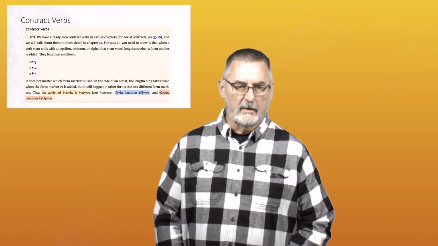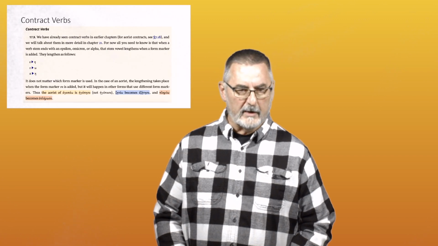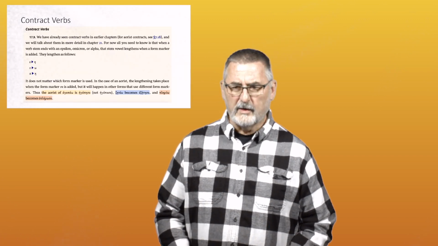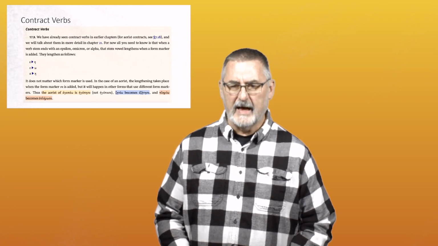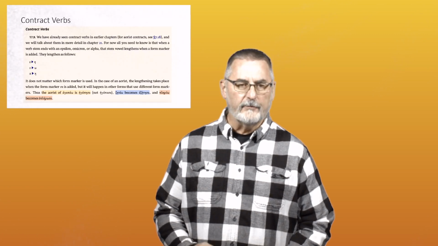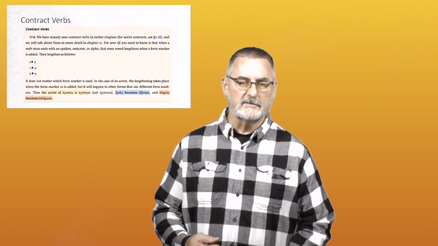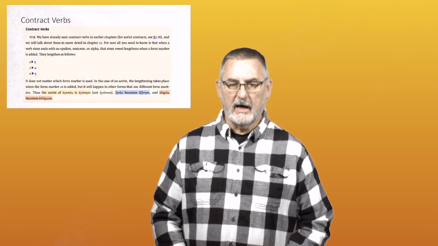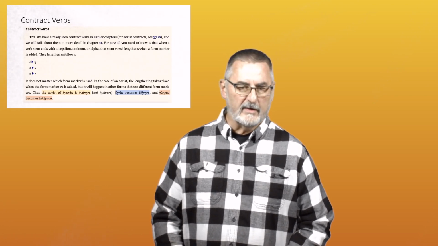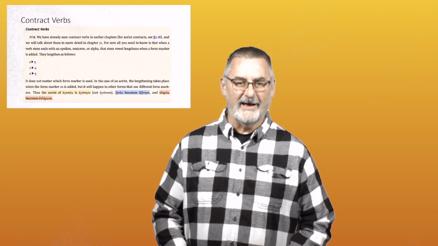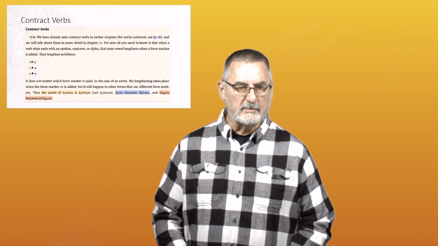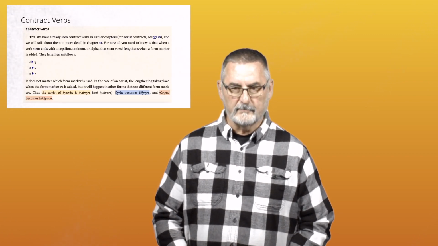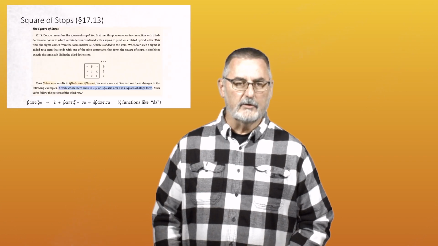And so the first aorist of agapao is egapesa, where that alpha right before the sa is lengthened to an eta. You can see how that works. Zeteo becomes ezetesa, pleroo becomes epleroso. Okay, and so you'll pay attention to that.